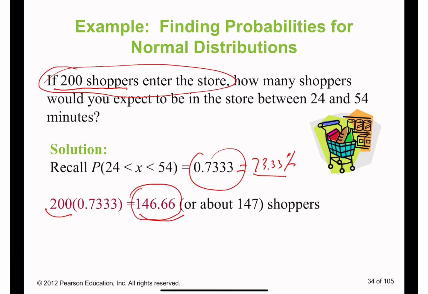I'm rounding not algebraically but meaning-wise, because if I round to 147, where from am I going to take half of a person, right? So I take one less. That means at maximum 146 people, with 73% chance, will stay for between 24 and 54 minutes. Okay.